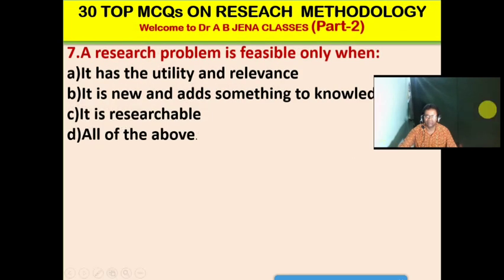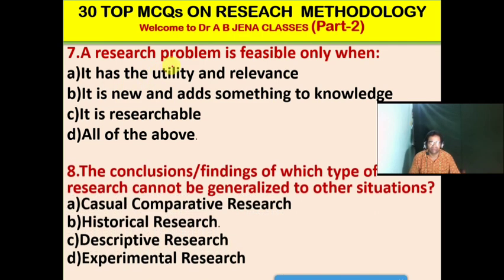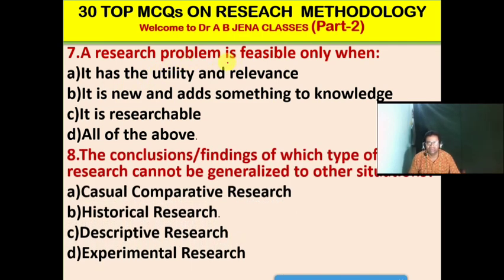So next MCQ: the research problem is feasible only when A, it has utility and relevance. B, it is new and adds something to knowledge. C, it is researchable. D, all of the above. So D is the right option for this MCQ.